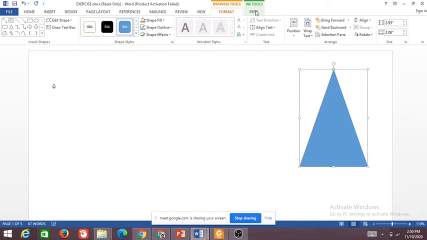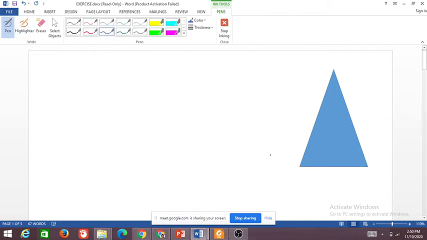Let me name it as triangle ABC. A, B and C. I am marking the angles. This is angle 1, this is angle 2 and this is angle 3. Now tell me what will be the sum of angle 1 plus angle 2 plus angle 3?